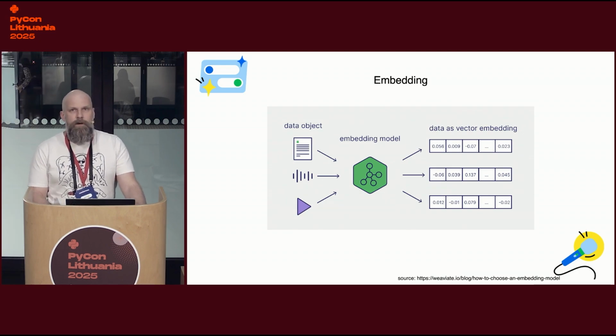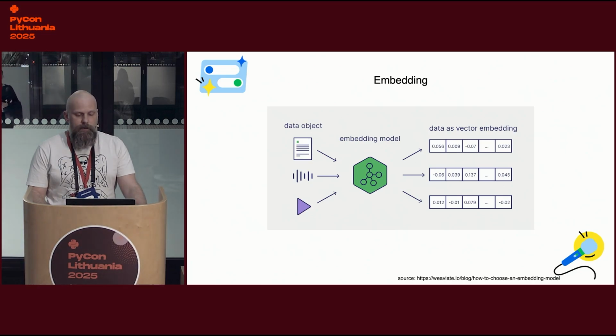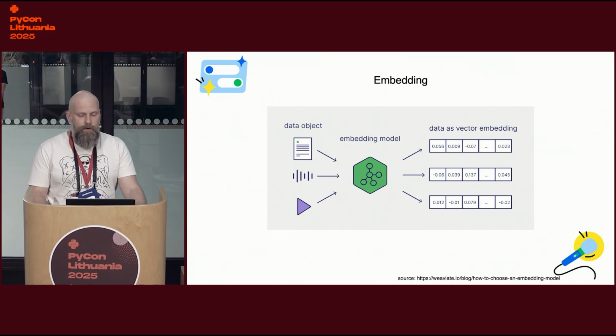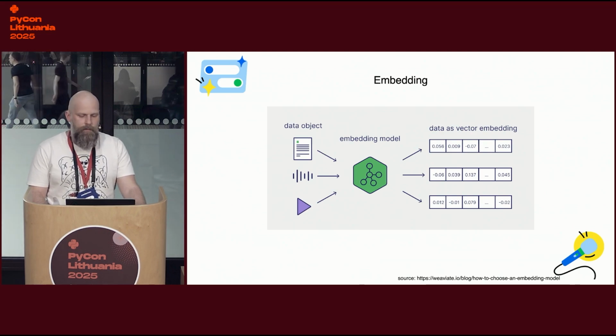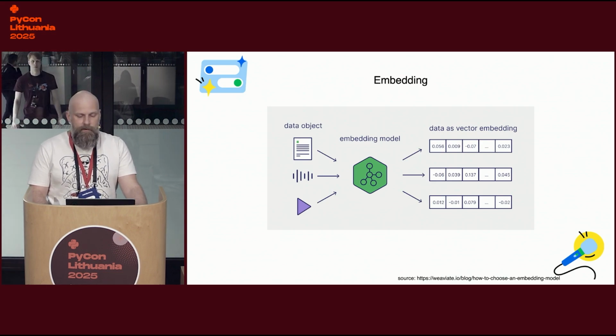So what's an embedding? We call an embedding a vector, which is calculated usually using some kind of model. It can be a neural network model, it can be other models. How the thing works: some data object, it can be text, sound, image or video, is fed into the model, and the model produces a vector, a list of floats.